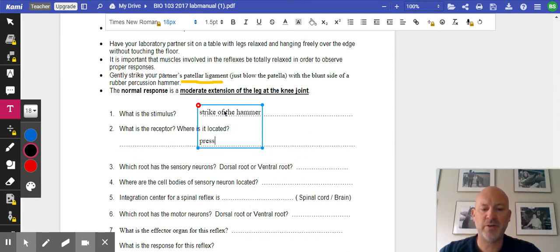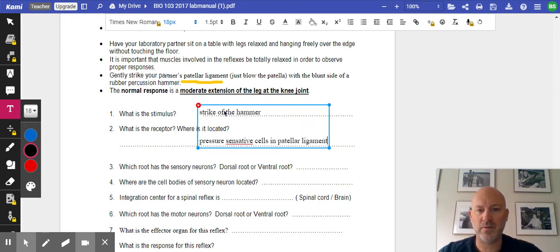Well, it's pressure sensitive cells in the patellar ligament. All right, moving on.